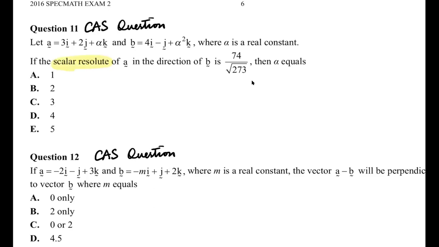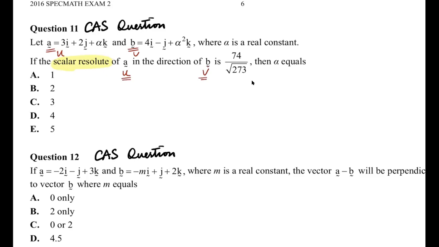Because our CAS calculators are not very happy with alpha or a, or it's very hard to find the Greek letter alpha, let's just call this one u, this one v. a in the direction of b, so u in the direction of v, okay?